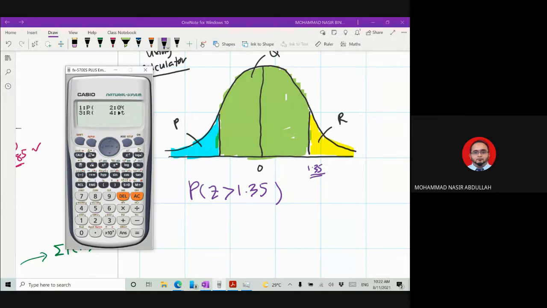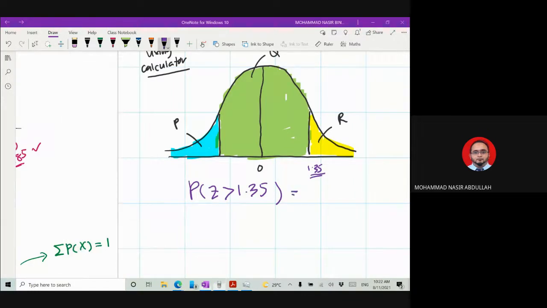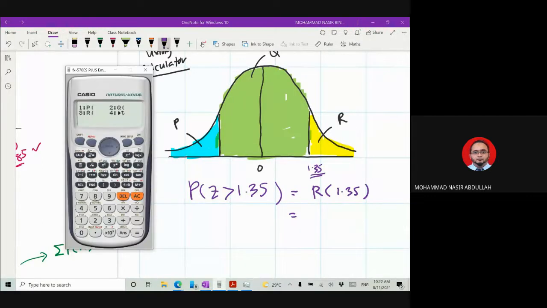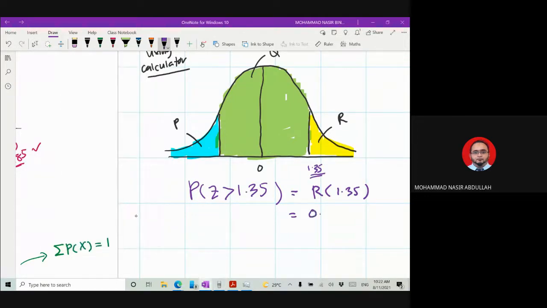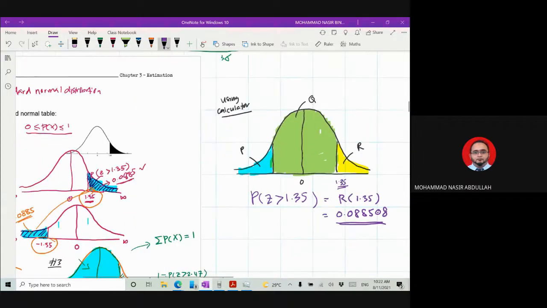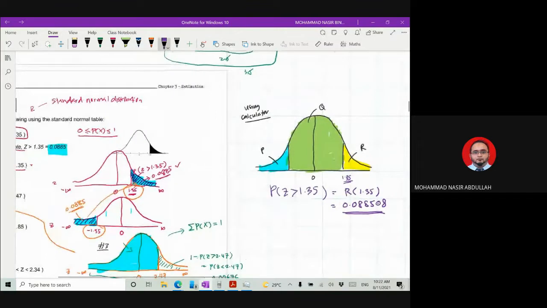So it will show P, Q and R. So to find this area, which is equal to R, 1.35. So click number 3, 1.35. Close the bracket. So you will get 0.088508.